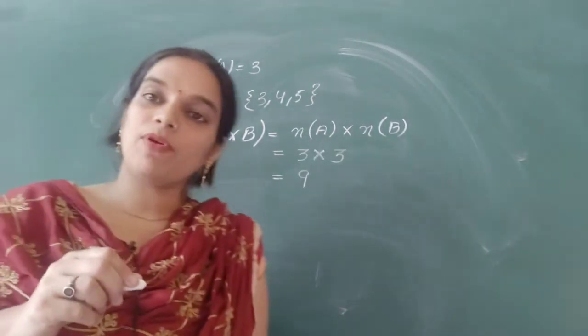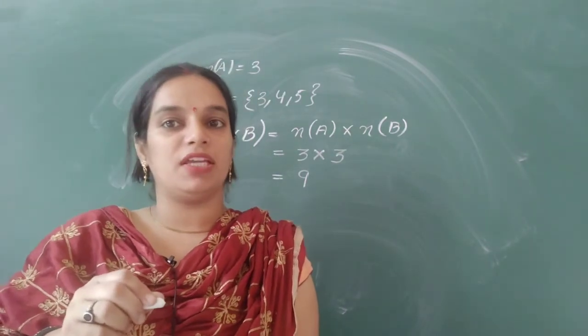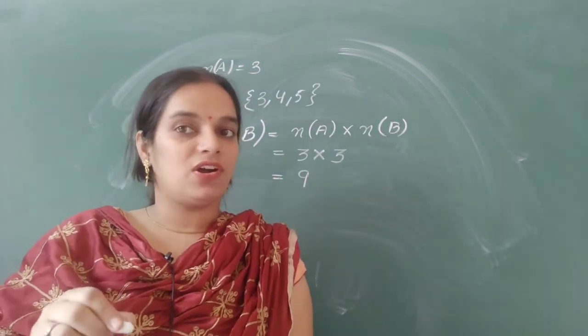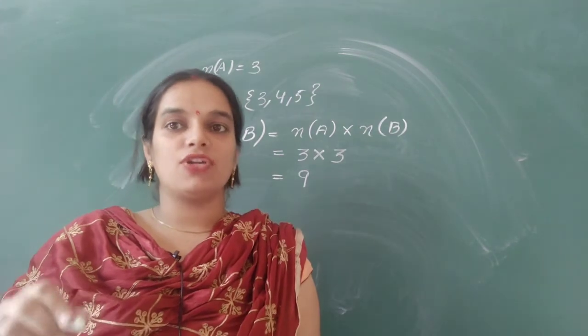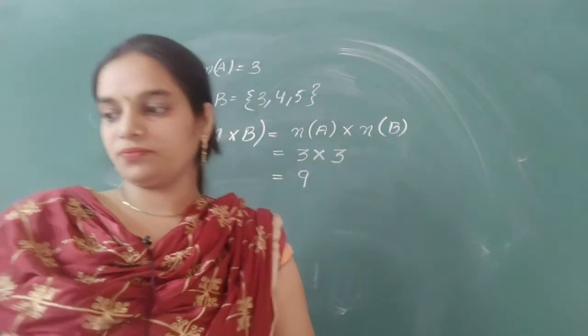So in the Cartesian product of sets A and B there will be 9 elements. In this way we can easily count the number of elements in the Cartesian product of 2 sets.